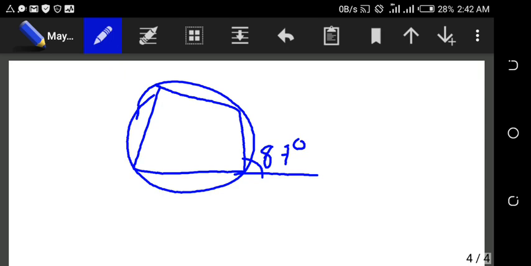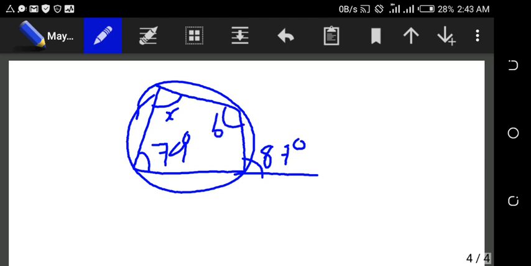We are expected to find the value of the angle here, let's call it X. And we are given that here is 79 degrees. We are also expected to find here, let's call it B.